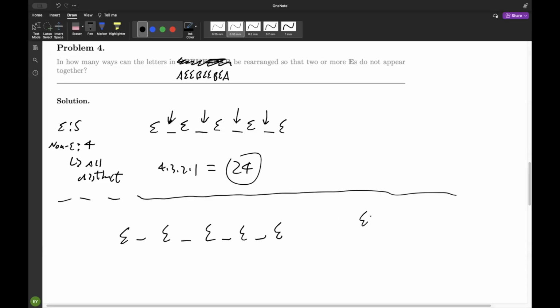So for E and non-E, we have 4. Now, how many letters can come in here to this spot? How many? Yes, thank you.